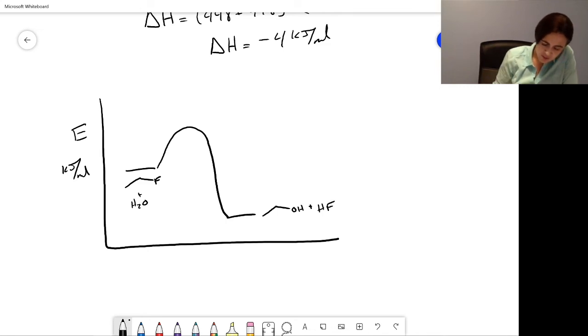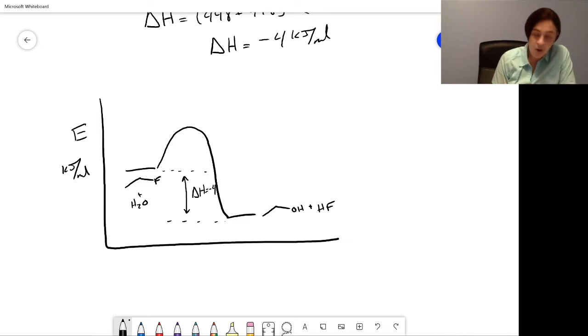You'll notice that I've drawn the products lower in energy. That's because we have our delta H here, which indicates that the products are lower in energy by 4 kilojoules per mole relative to the reactants.